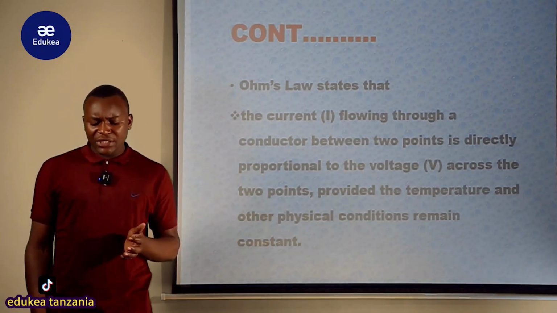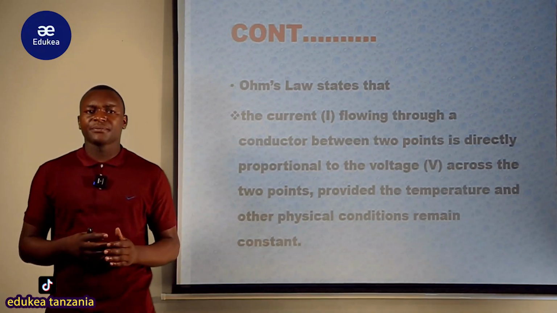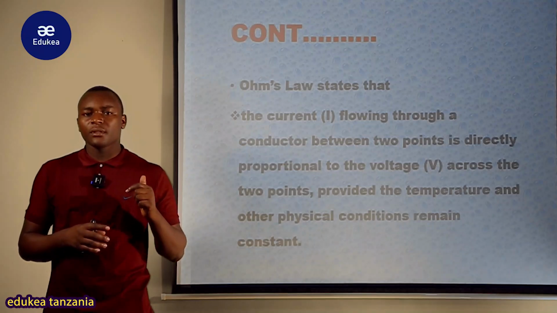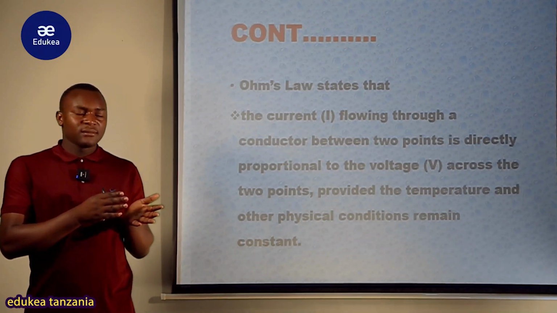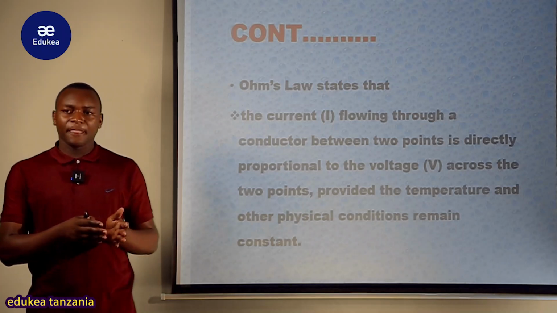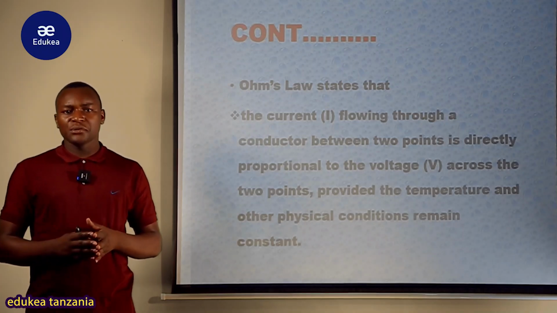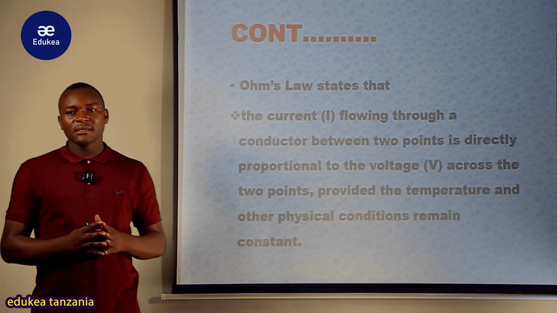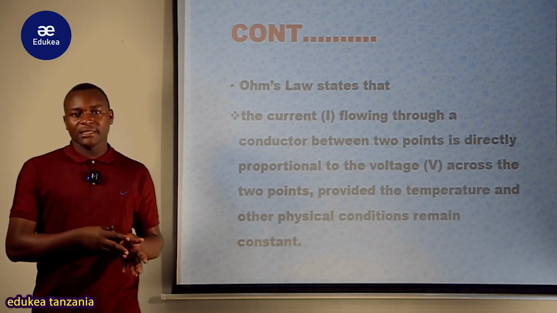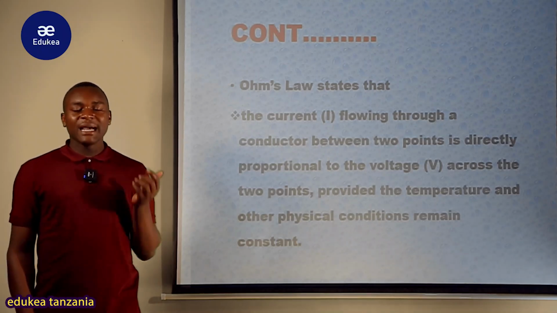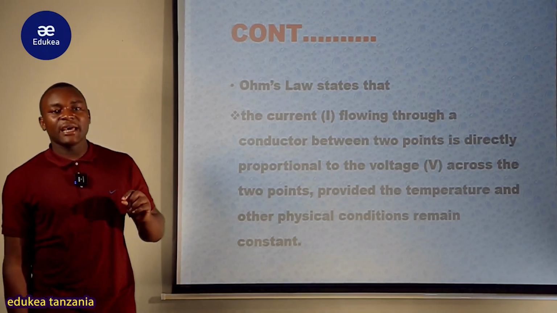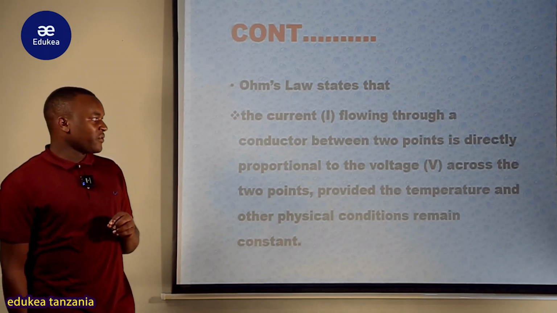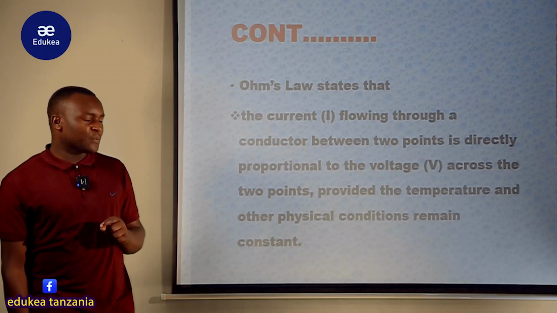So you can state it another way: provided that temperature and other physical conditions remain constant, current flowing through a conductor is directly proportional to the voltage across the 2 points.